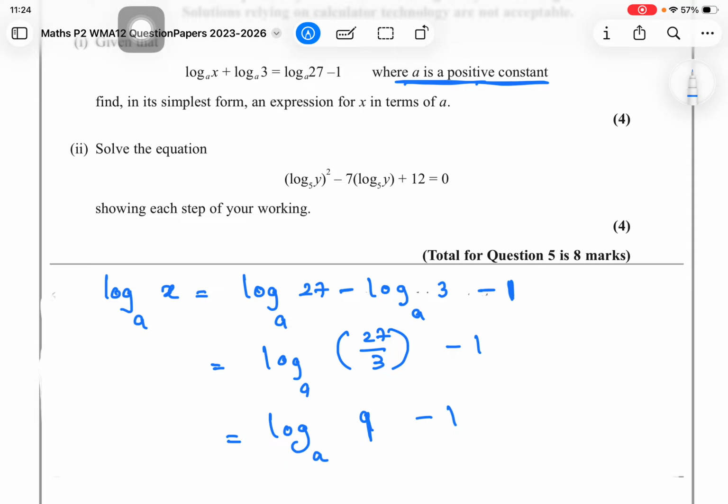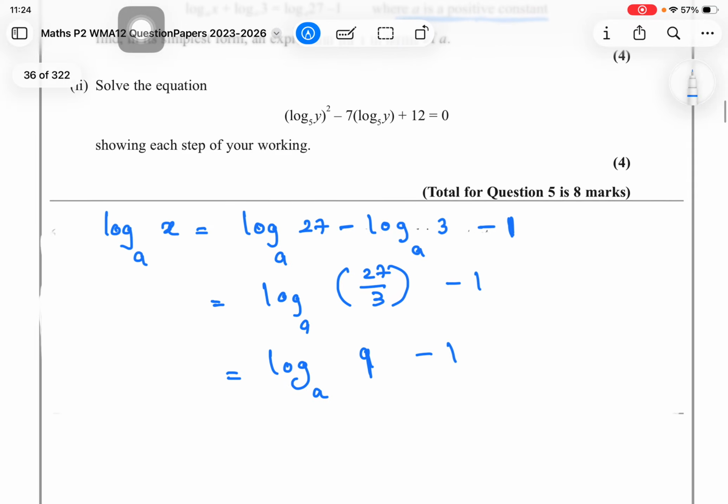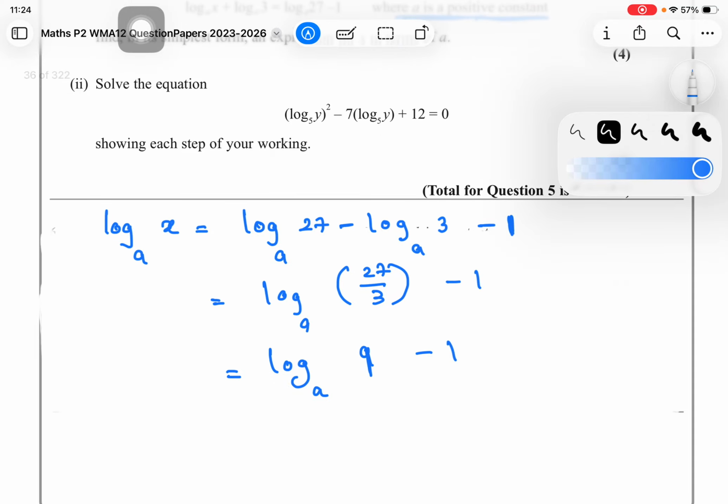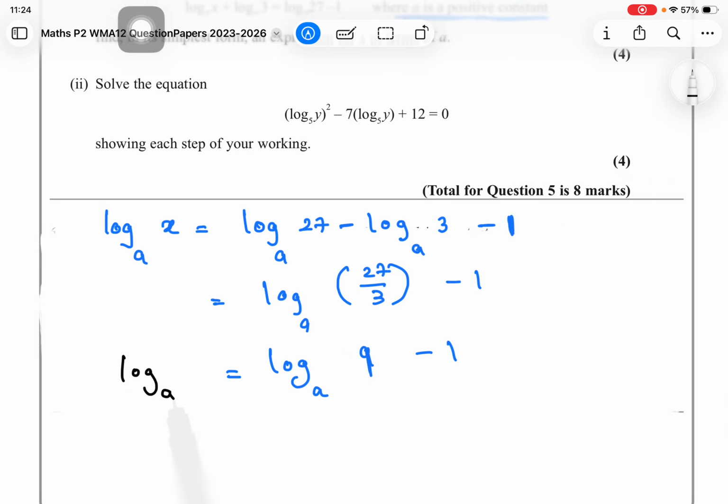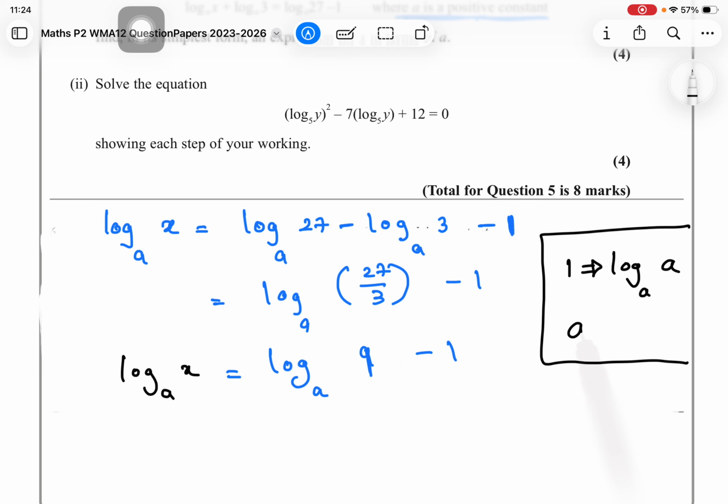Now this is a slightly simplified version, but you can simplify further, because on this side we have log a to the power x. So we can write the 1. What is 1? 1 would be log a to the power a, because a to the power 1 is a.